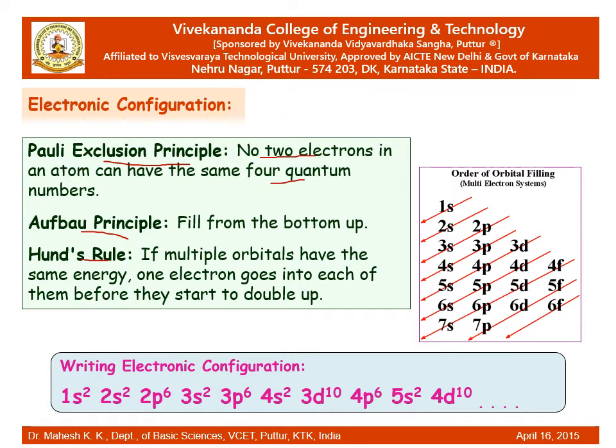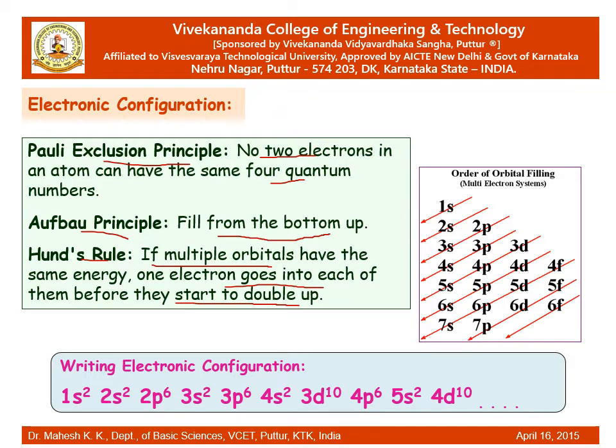The Aufbau principle says filling goes from the bottom up, like lower energy or inner orbitals are filled first, and then the outer orbitals. And by Hund's rule, if multiple orbitals have the same energy, one electron goes into each of them before they start to pair.